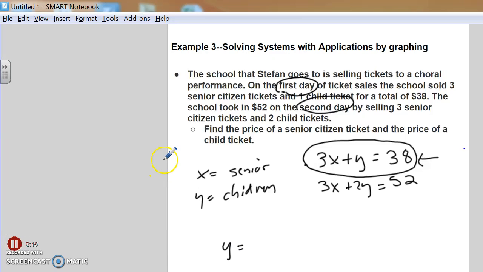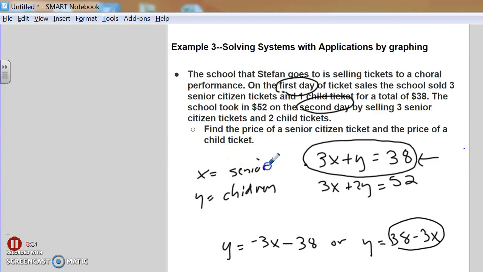So y equals, and I'm going to subtract the 3x to the other side, and I get 3x minus 38, or maybe some of you wrote 38 minus 3x, either way. So what am I going to do? Well, I know y is equal to this, so wherever I see a y in the second equation, I'm going to substitute.